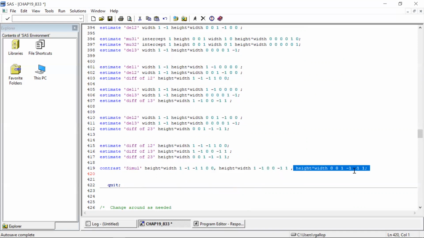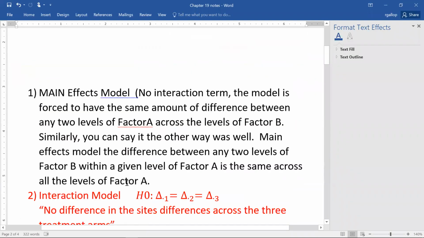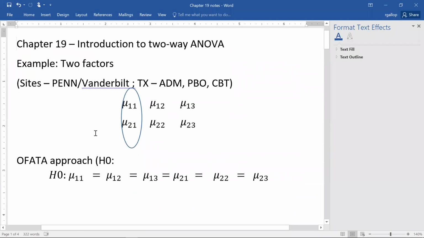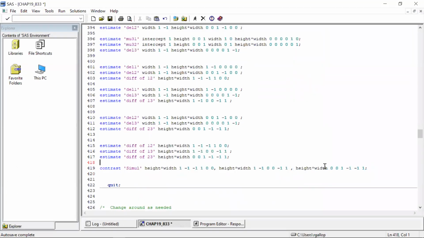So that is simultaneously testing, if we go back to our Word document, this difference compared to that difference, this difference compared to this difference, and then finally this one compared to that one. This is where the money of the ANOVA really is made.